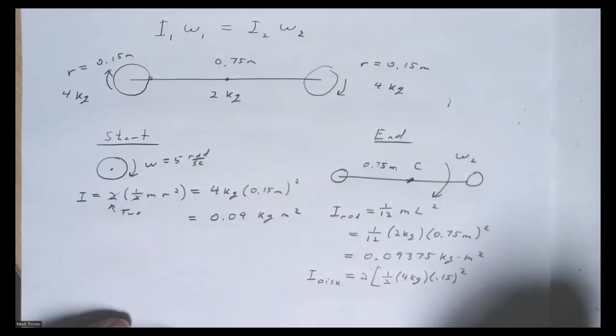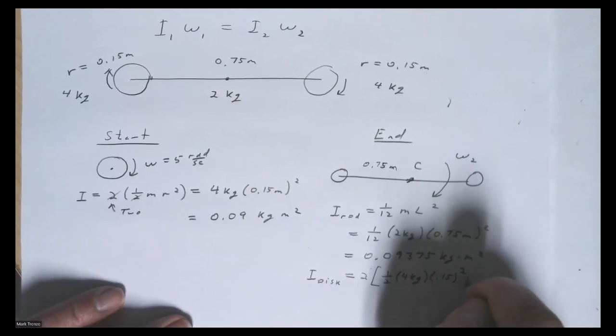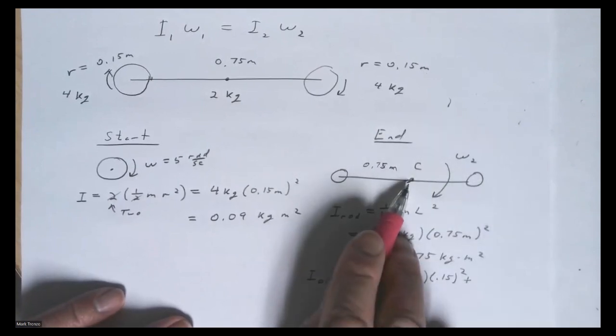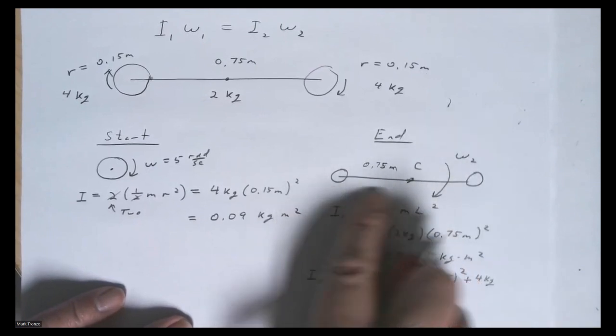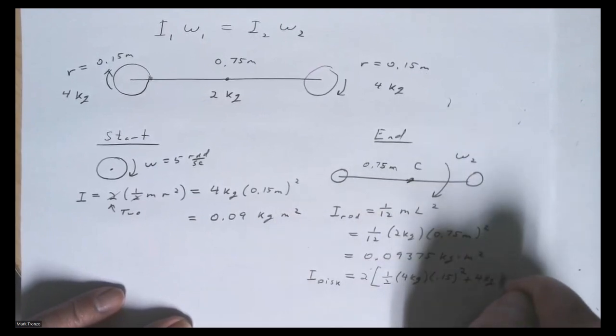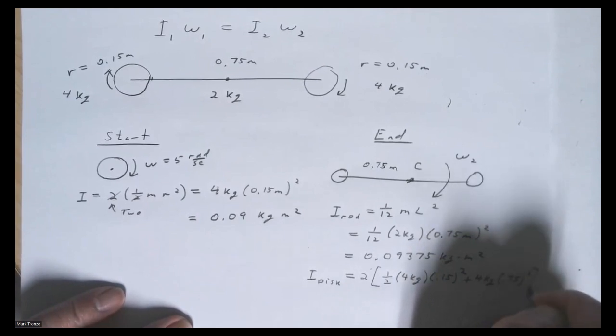Then using the parallel axis theorem, it's going to be the mass, which was 4 kilograms, times the distance of that mass from the center, which is 0.75, squared.